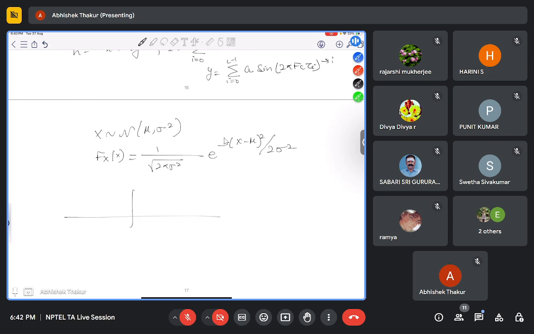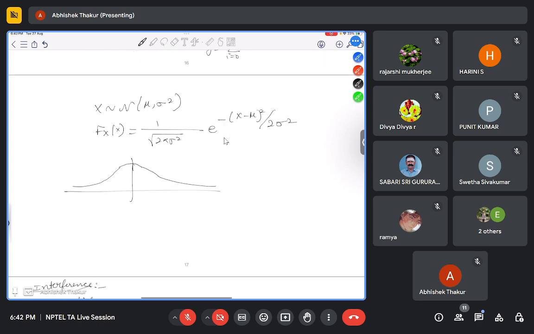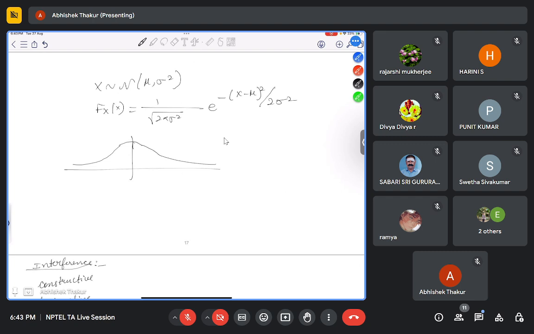And the Gaussian distribution function is, let's suppose the mean is 0, mu equal to 0, and the variance is half.